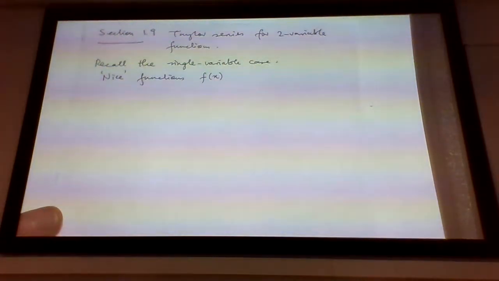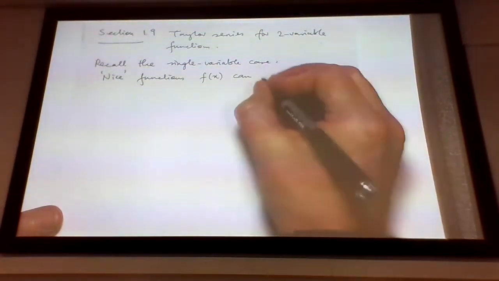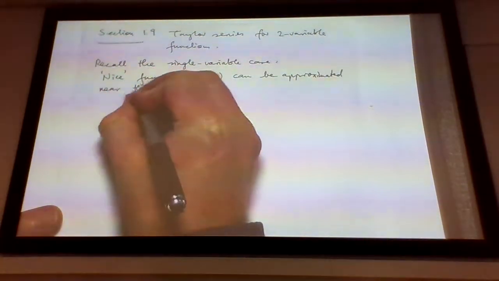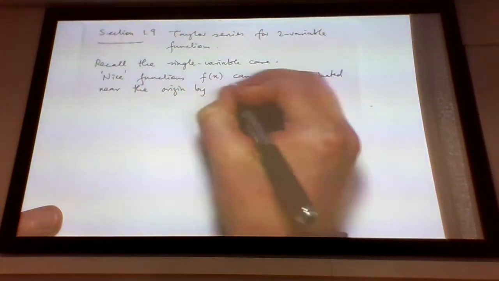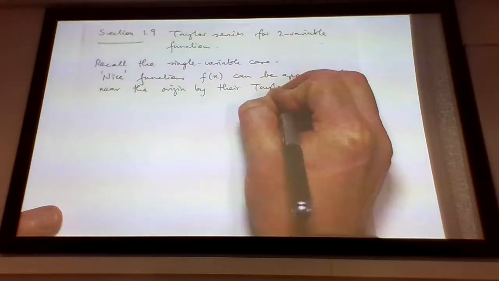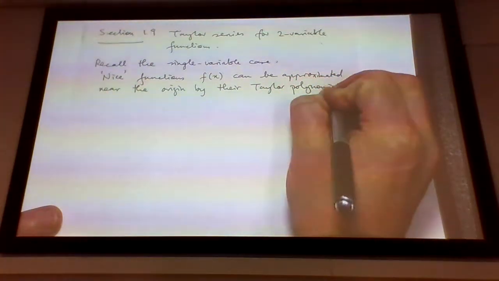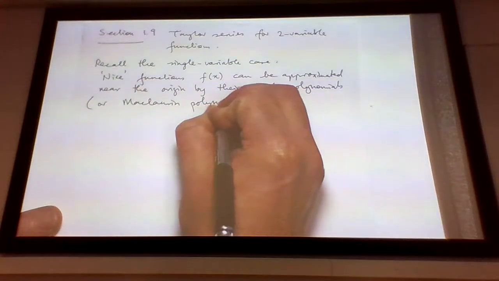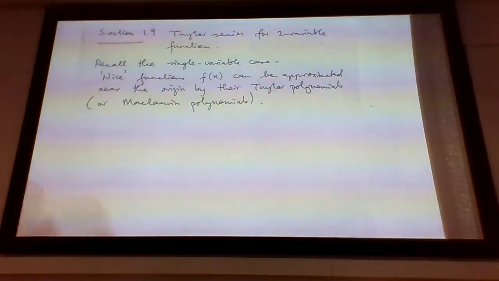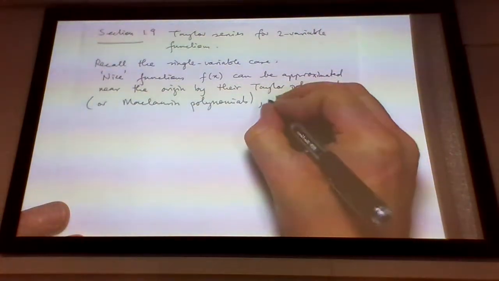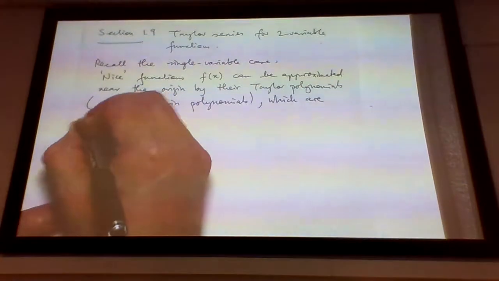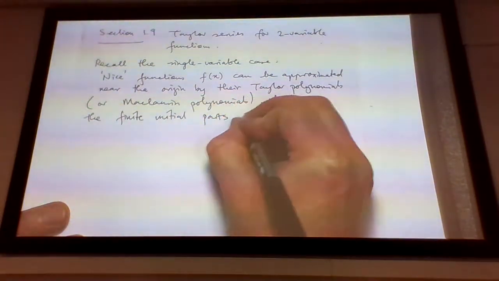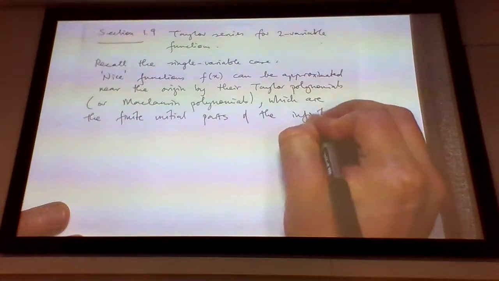But we'll just take it for the moment that nice functions f(x) can be approximated near the origin by their Taylor polynomials, or sometimes called their Maclaurin polynomials, which are the finite initial parts of the infinite series.